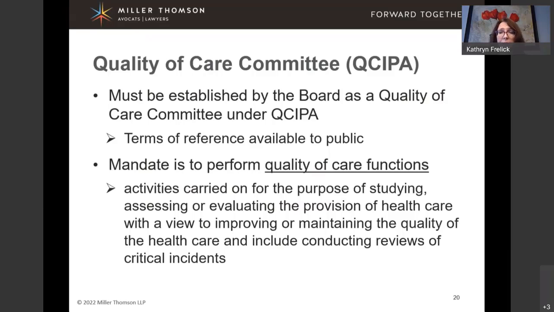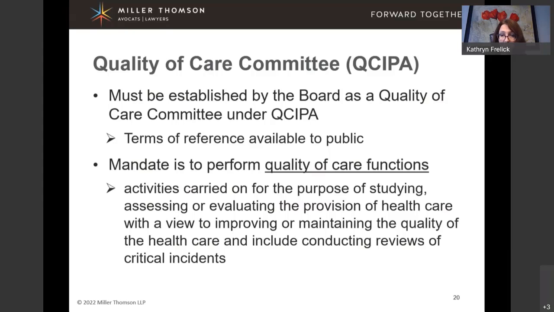The mandate of the committee is to perform quality of care functions. This is a defined term, but it really covers many different types of quality of care activities, all aimed at improving or maintaining the quality of care.